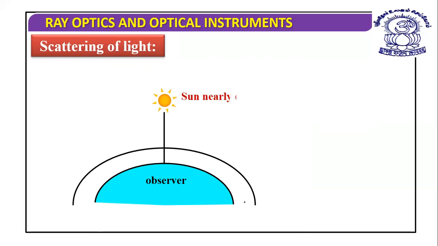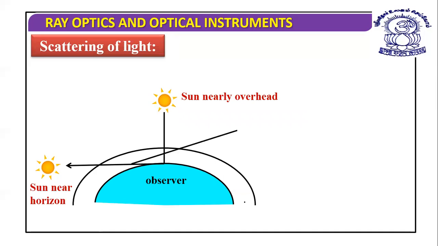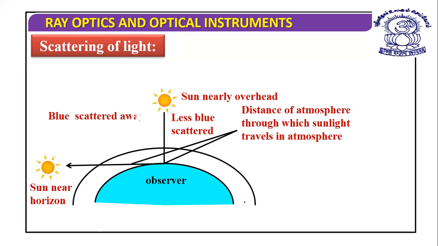Now let us understand another phenomenon of white light or sunlight, that is scattering of light. First of all, let us understand what is scattering.